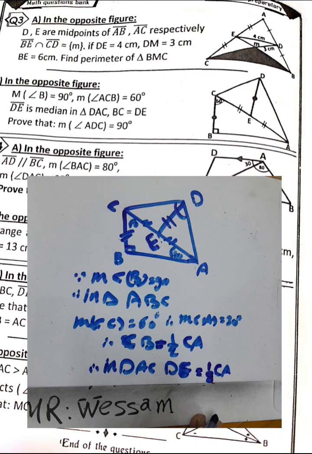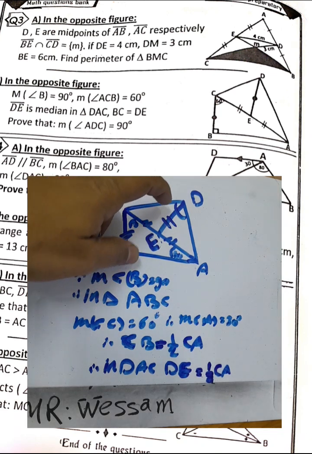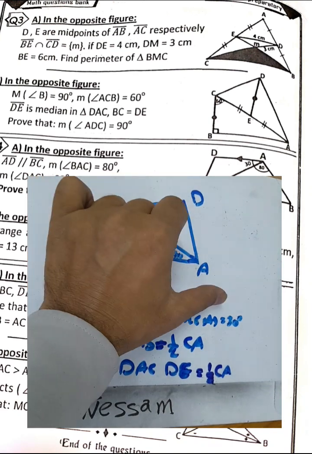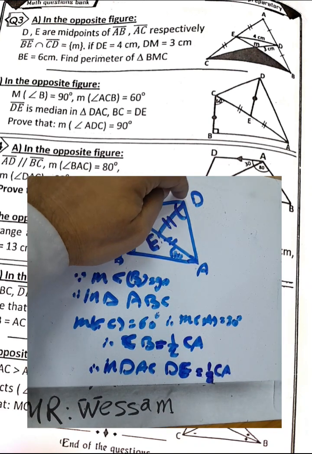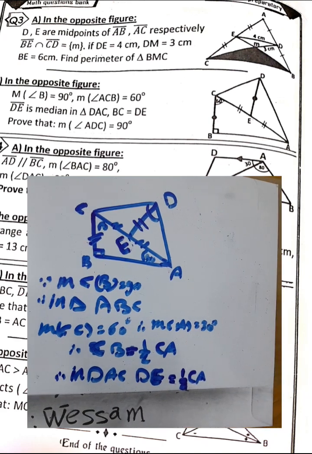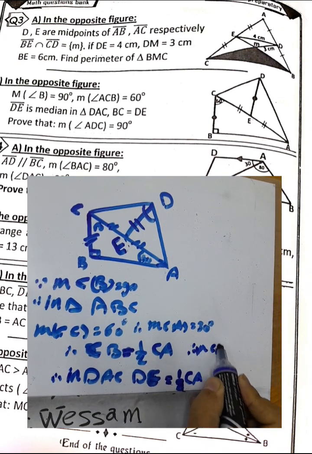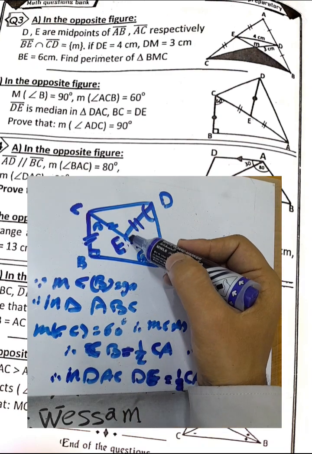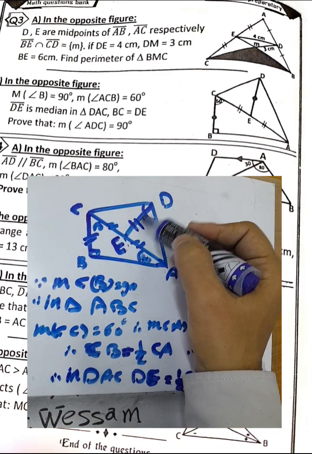Okay, understood? Then in any triangle, if the median equals half the opposite side of the angle, then the measure of this angle will be 90 degrees. Then the measure of angle D will be equal to 90 degrees, because DE is the median in this triangle, and DE is half of CA.